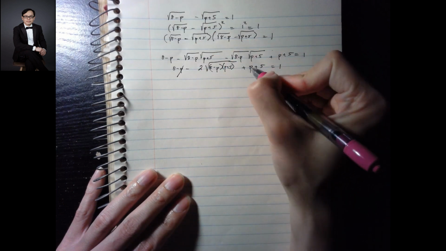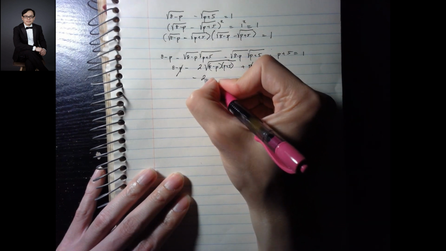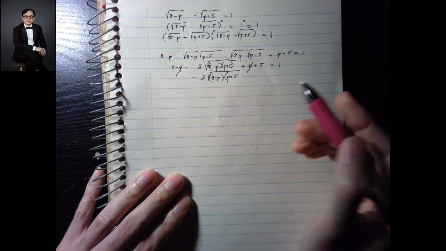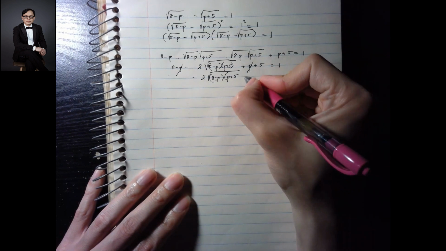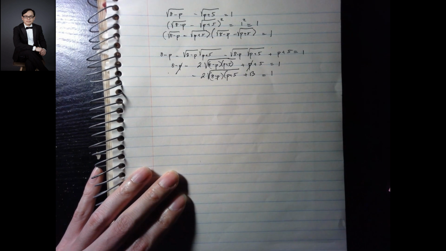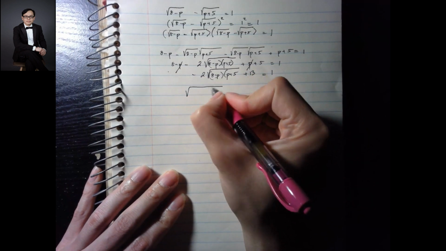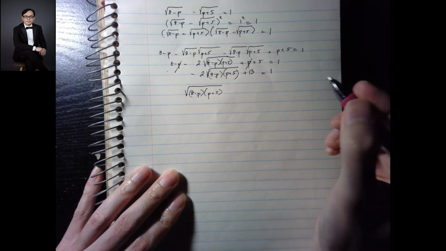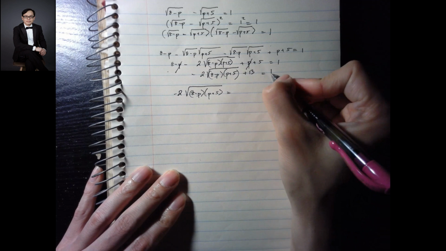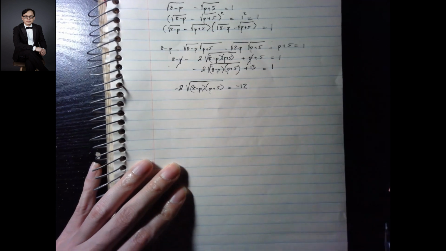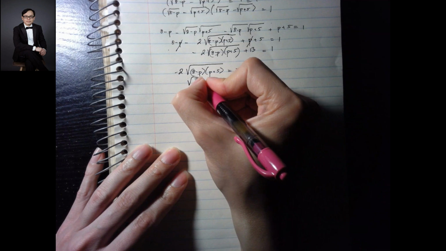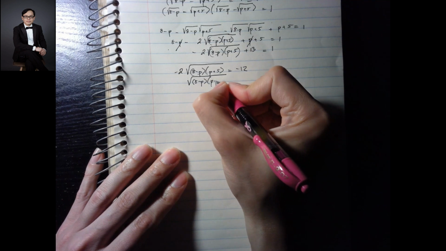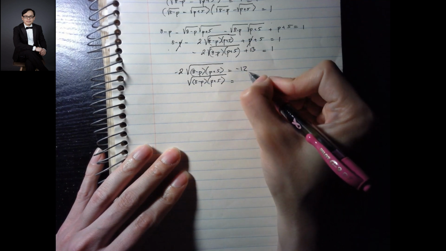So negative p and p are gone, which gives you negative 2 square root of (8 minus p)(p plus 5), plus 13 equals 1. So we're going to have the square root of (8 minus p)(p plus 5) times negative 2 equals 1 minus 13, which is negative 12. And again, I divide both sides by negative 2, so you have the square root of (8 minus p)(p plus 5) equal to 6.